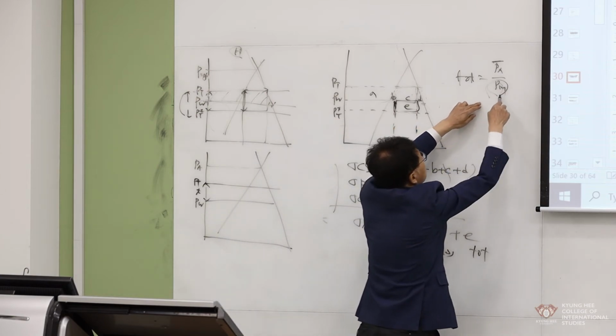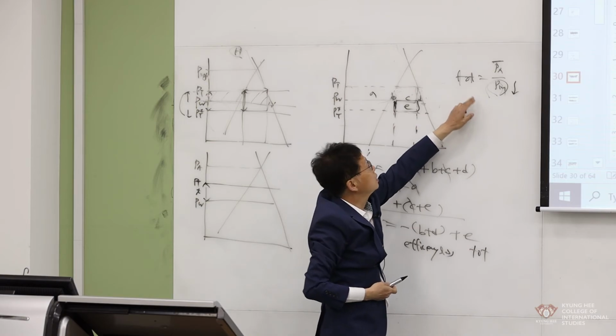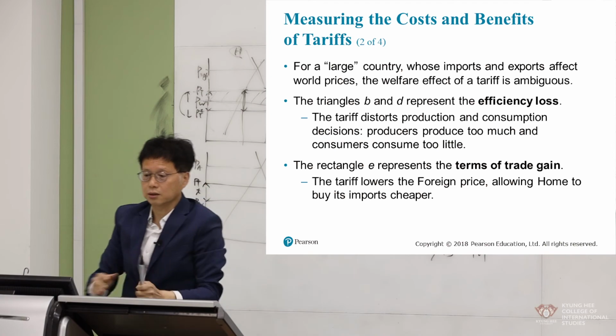So PW to PT star decreases, so the terms of trade gain increases. So we say terms of trade gain.